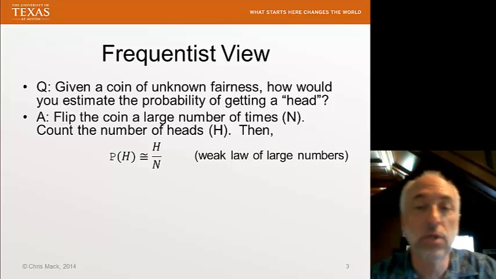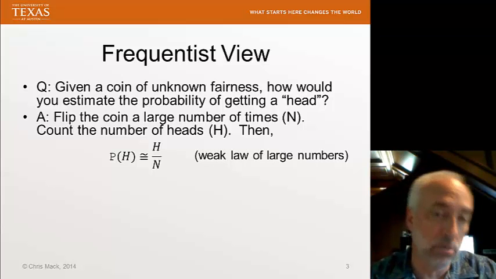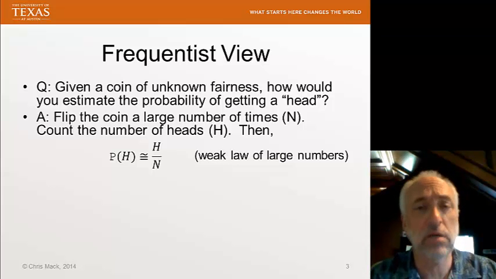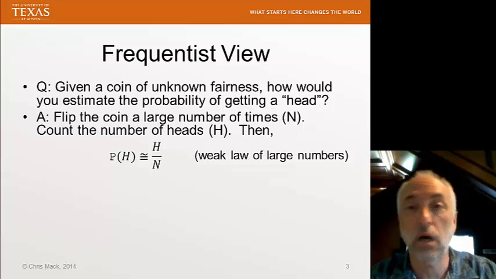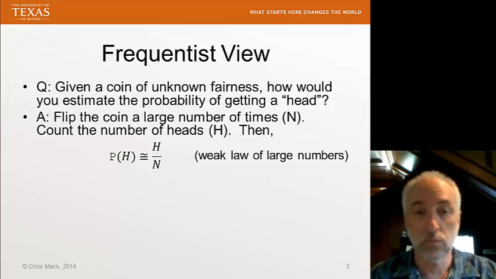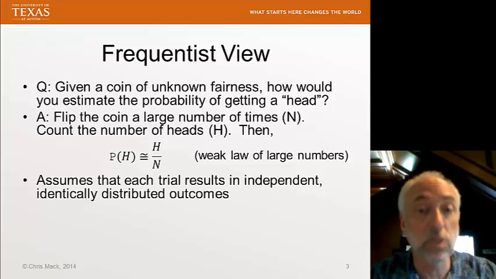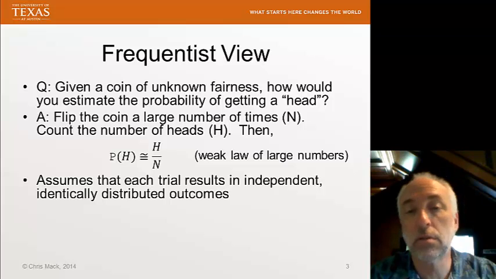This is called the weak law of large numbers. And the law of large numbers is the foundation of the frequentist view of probability. Now, there's some assumptions built into this viewpoint. First of all, we assume that each trial results in independent outcomes.